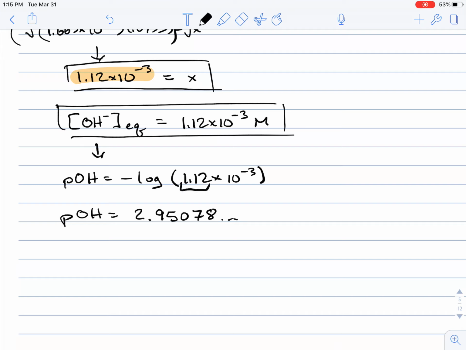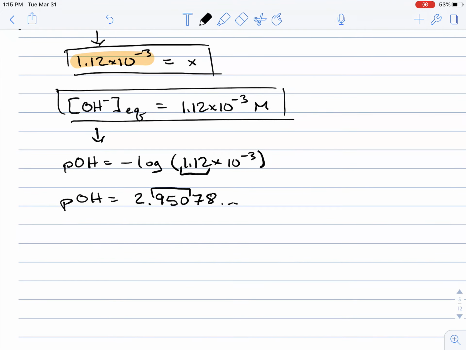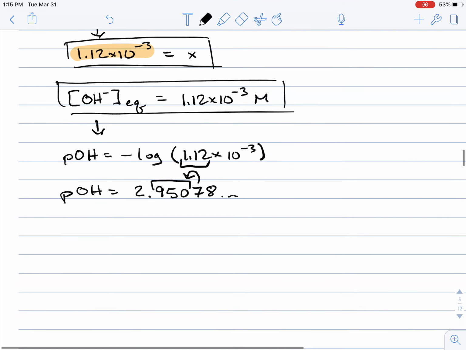Since there's 3 sig figs in this specific value, when we take the negative log of it, we need to keep 3 places after the decimal. And since the digit past the 0 is the 7, and 7 is greater than 5, we're going to round that up. And so pOH is going to be 2.951.